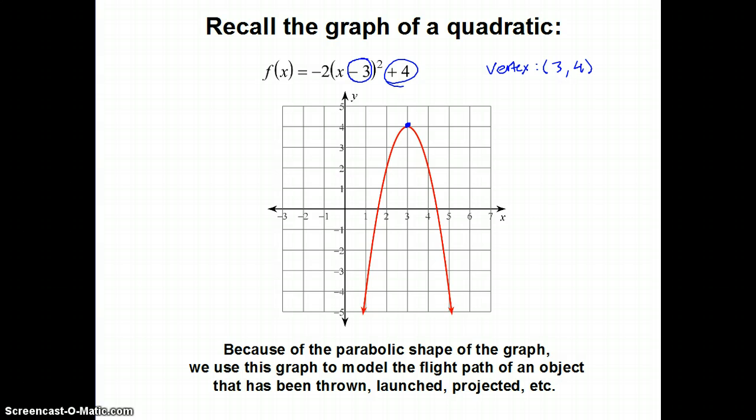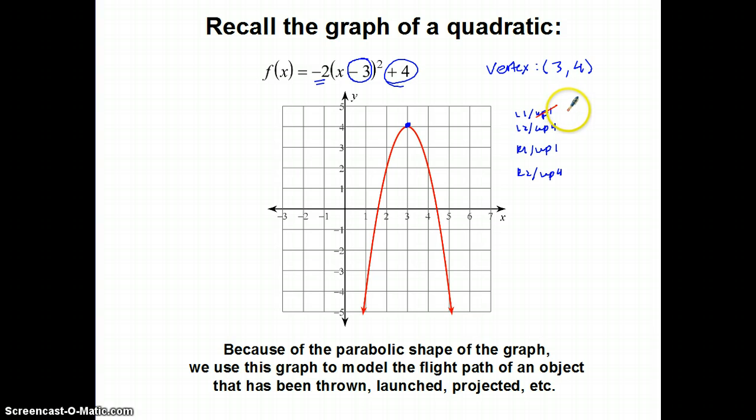And then to find the rest of my points, I look at the number in front. My normal pattern is left 1, up 1, left 2, up 4, right 1, up 1, and right 2, up 4. Your pattern changes because of that negative 2 in front. The negative changes all of the ups to downs, and the 2 multiplies the constant.